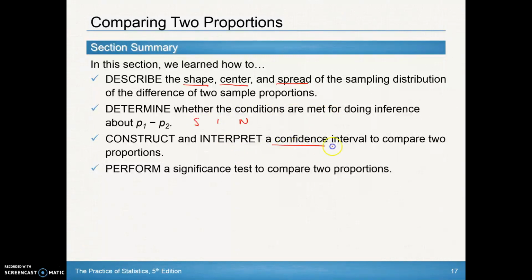Construct and interpret a confidence interval, so again we're looking for some lower bound to some upper bound. Or, as we just talked about in day 2 here, do a significance test, looking for the area in the shaded region of our different tests. Like if it was a left-sided test, the area that would be in there, looking for the p-value and comparing that to our alpha.